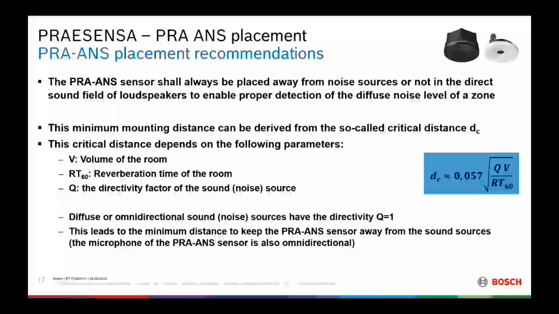Microphones can have a directivity, but the sensor is omnidirectional. It detects sound from all directions. Normally it may be mounted in a ceiling, so in the hemisphere below the ceiling, so you could say the sensor detects sounds from all directions equally loud.